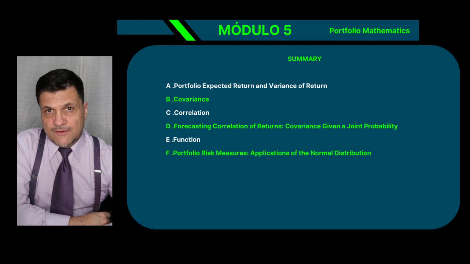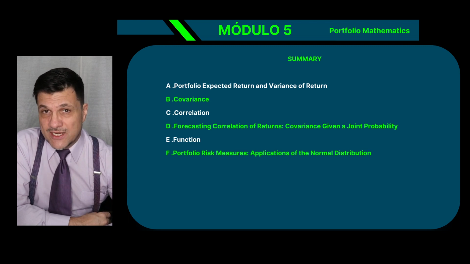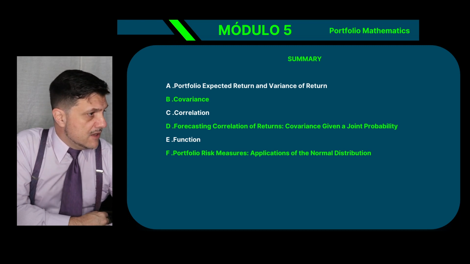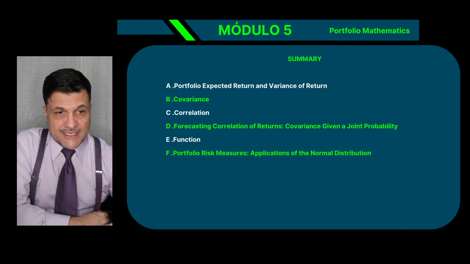But I think you're also going to have the chance to do that in more specific topics, such as equity, for example, where we calculate the expected return and use it to answer some kinds of questions. Covariance and correlation: make sure that you understand how you go from covariance to correlation.